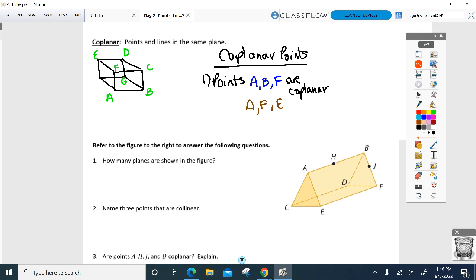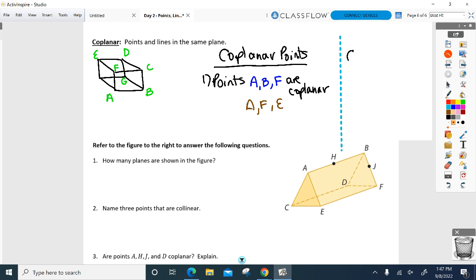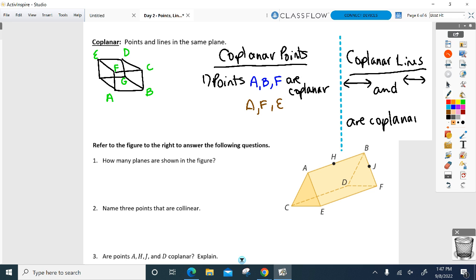So those are points. Now give me lines that are coplanar. Same thing. Take one of those six planes and give me two lines on it. Remember, let's start using our symbols here.